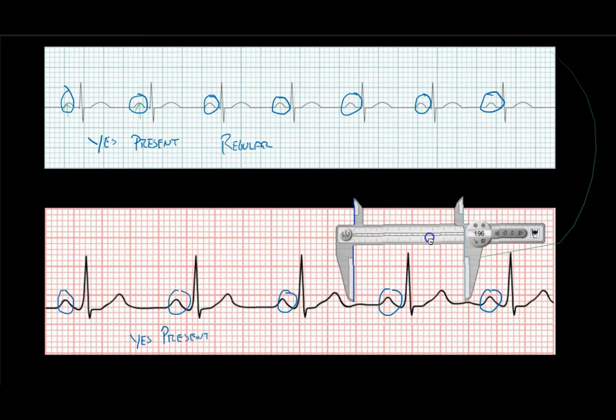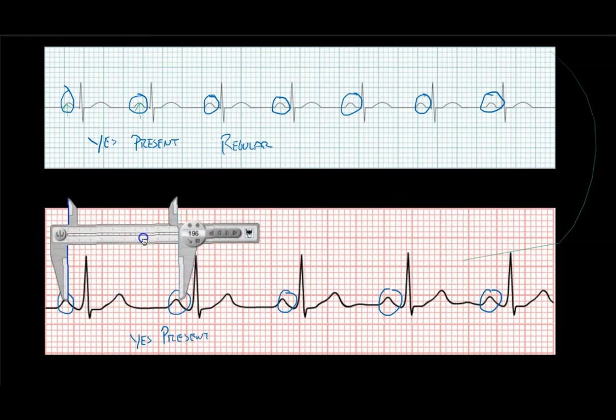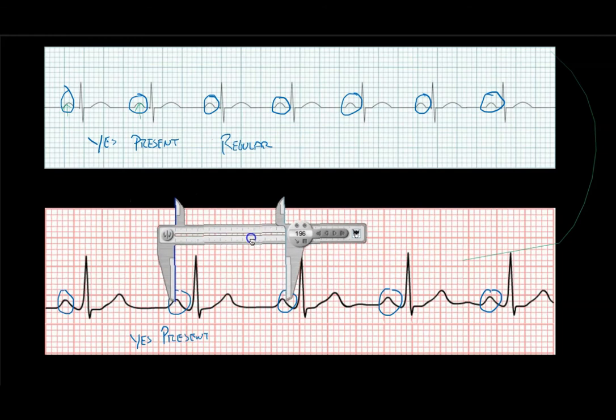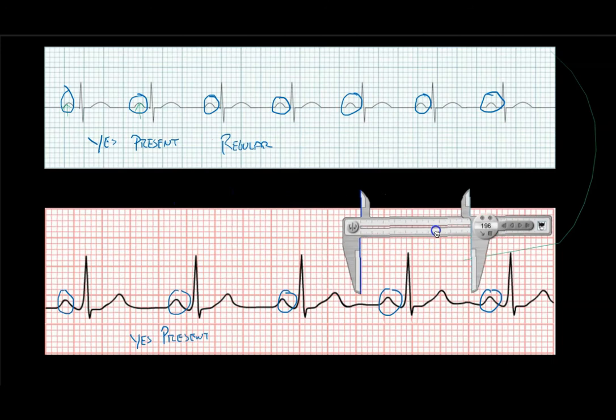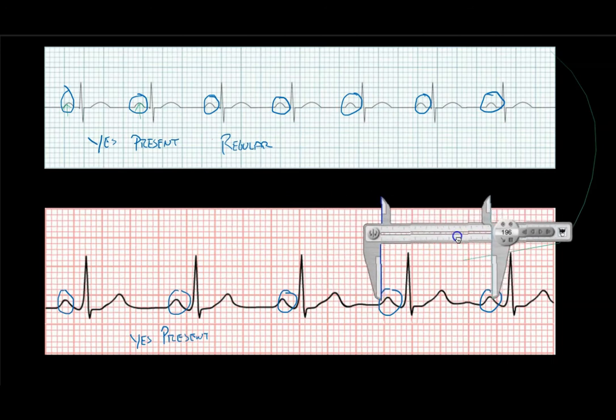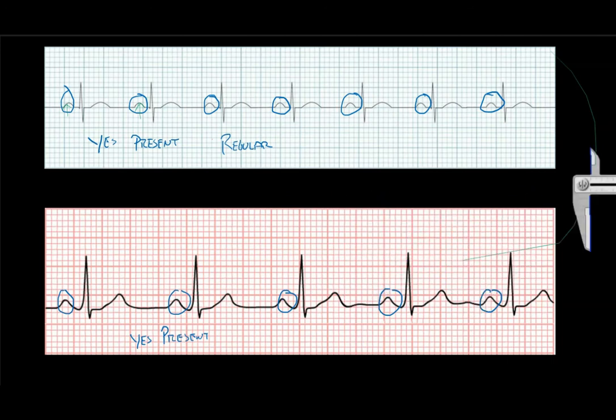And it looks like they're pretty regular when I do this. A little off. So sometimes if they're about a block off, half a block off, you're still okay. We would count that as being regular. So again, this is a regular P wave.